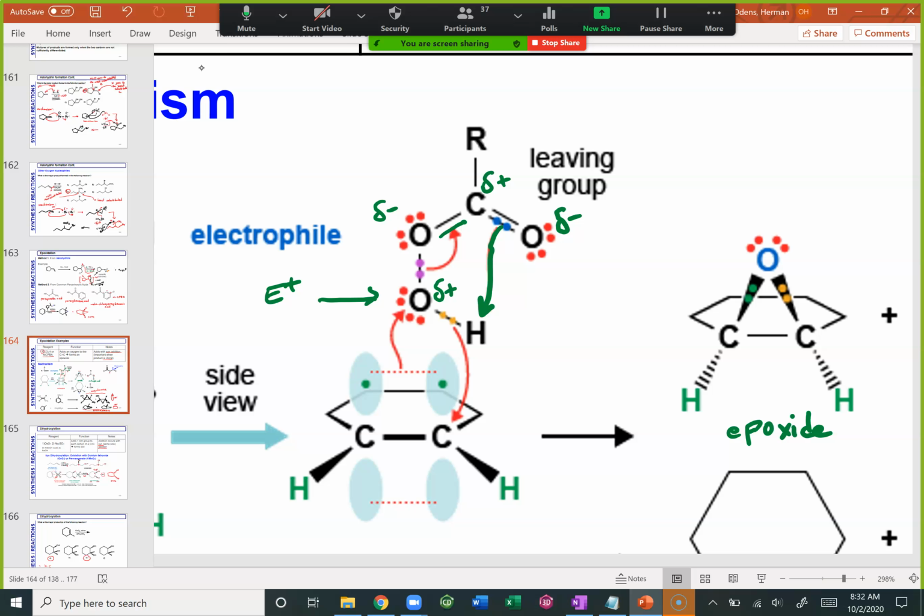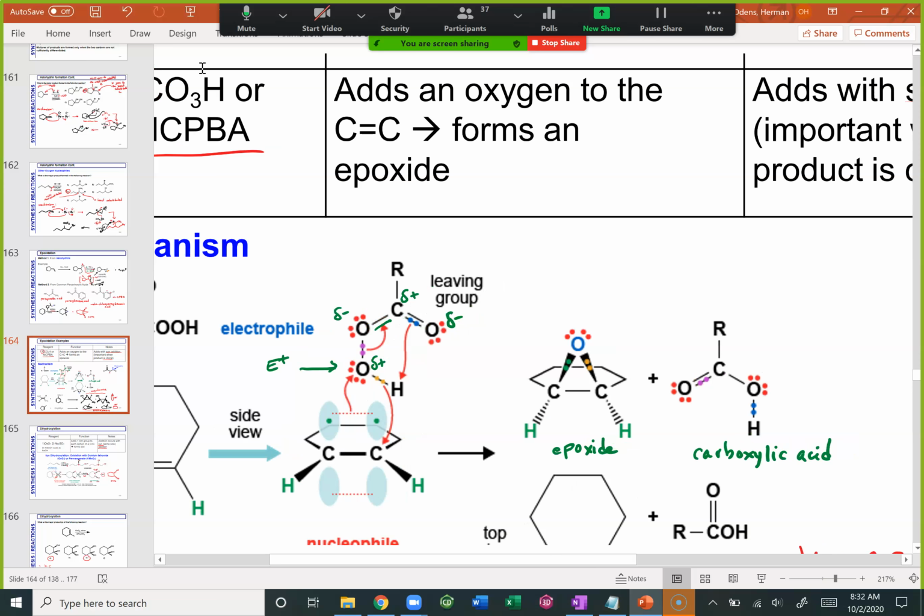Then this guy grabs this H. When this H is free from this oxygen that is plus, the double slap takes place. These two electrons in yellow are free to swing back. Make sure you understand this electronic flow. It's beautiful. It's one of the coolest things happening.